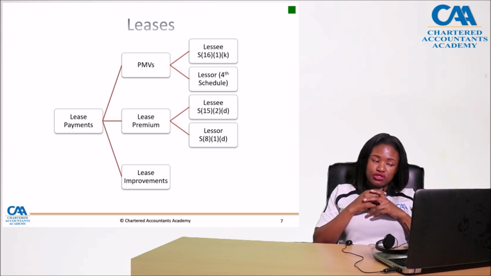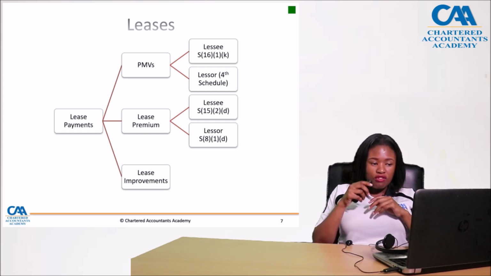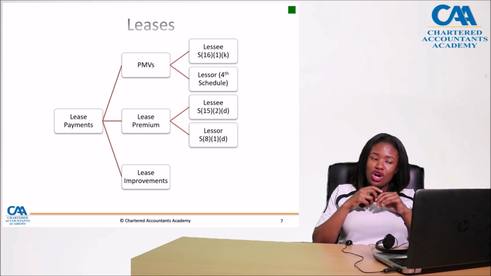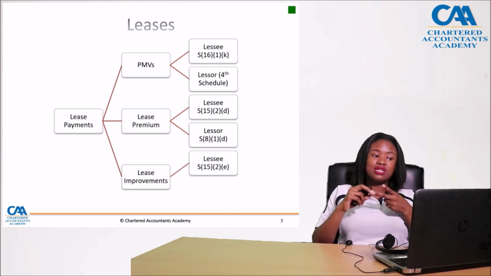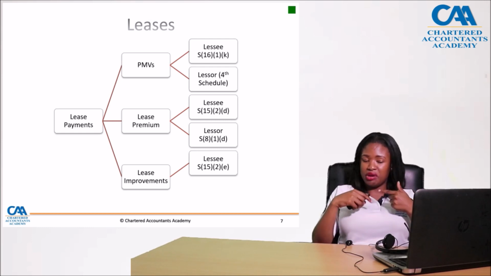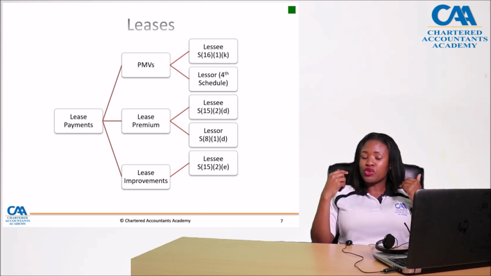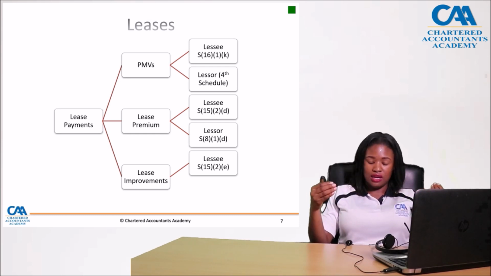So for these improvements, from the lessee side, we have two things that can arise. We have what are called obligatory improvements and those that are called non-obligatory improvements. So for the obligatory ones, these are the ones which will be included in the lease agreement, whereby we agree, you're entering into this building, you have to replace the tiles and the ceiling for 10,000.